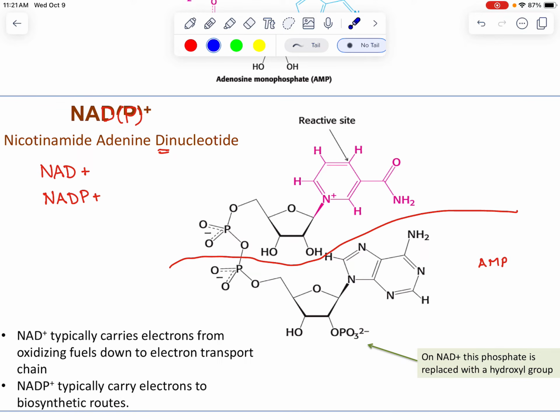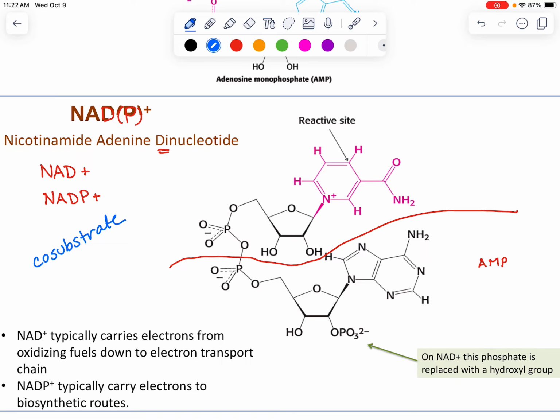So NAD+, NADP+ is considered a coenzyme or a co-substrate. We've used that term, I believe, before. So when we have an enzyme acting on a compound, sometimes there needs to be another substrate there. And so this would be a co-substrate.